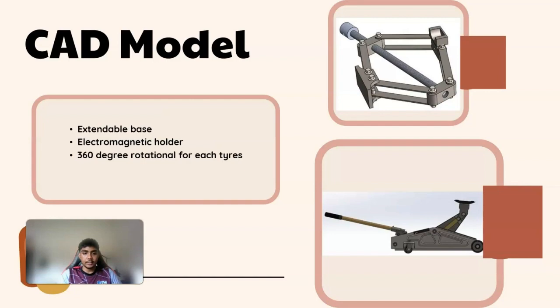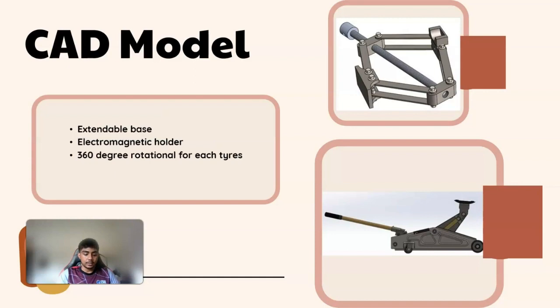Second, our product uses an electromagnetic holder. This can reduce the manpower needed to perform the work. Otherwise, workers also don't have to tie the transmission to lift or uninstall it.